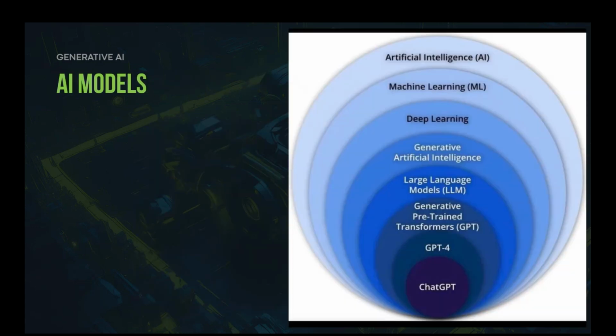Okay, so now we'll talk about different levels, right? So AI is a bigger term. Now these terms you'll hear in your daily life. So what is the purpose of AI? The purpose of AI is to create something human-like.